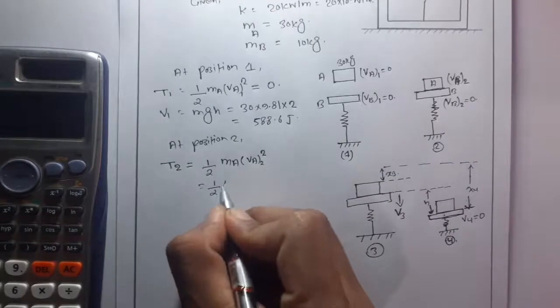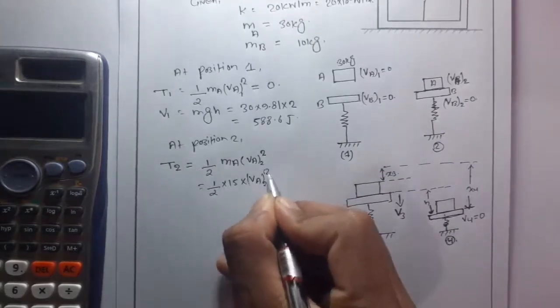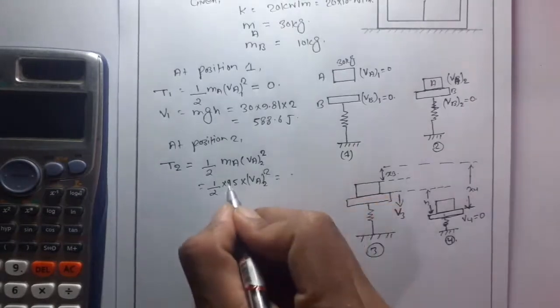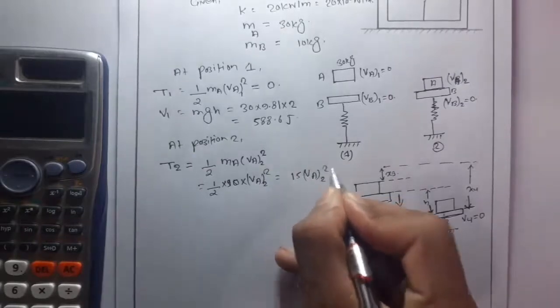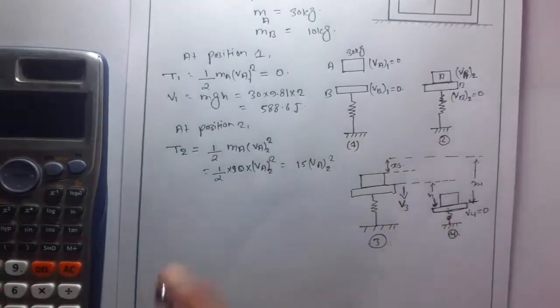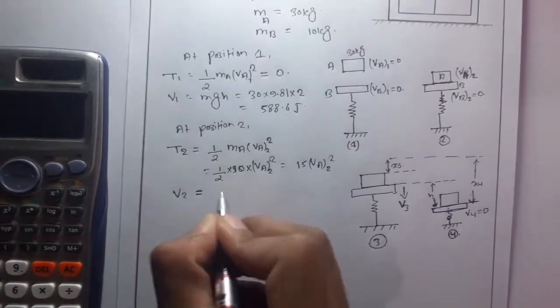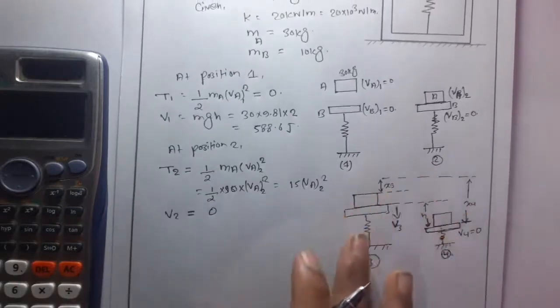So this is 1 by 2 into 30, so this is 15 VA2 square, and V2 is 0, because there is no height.